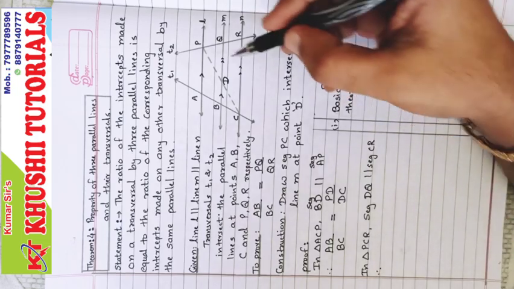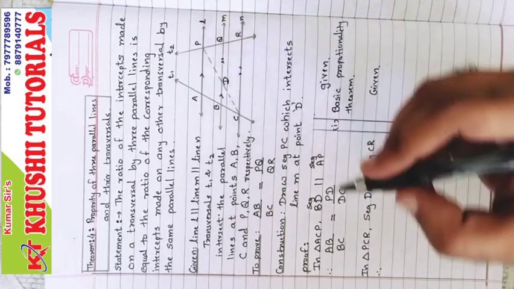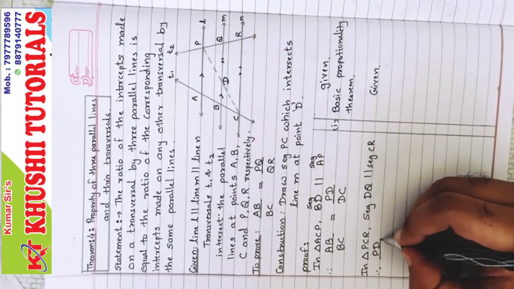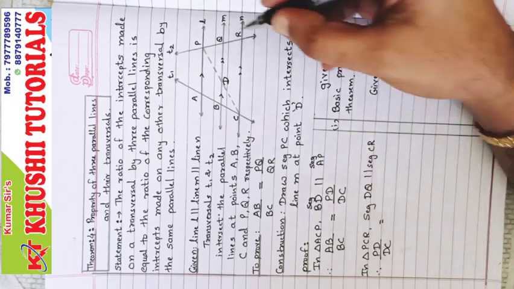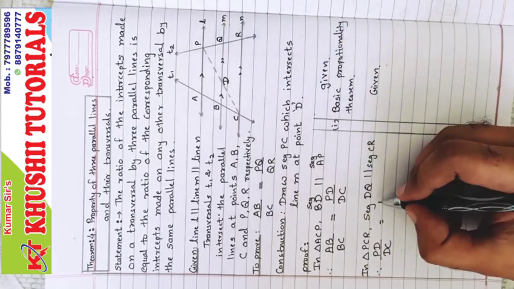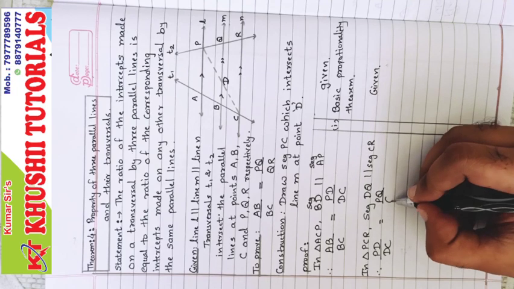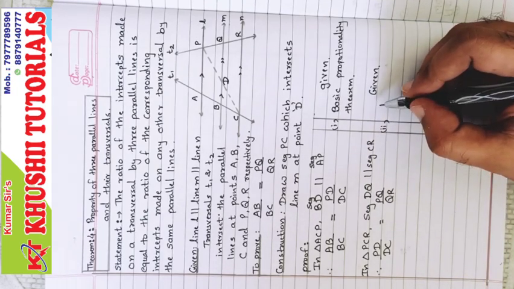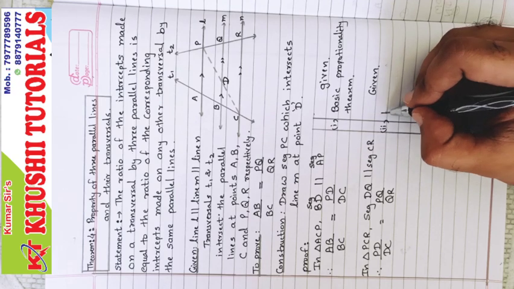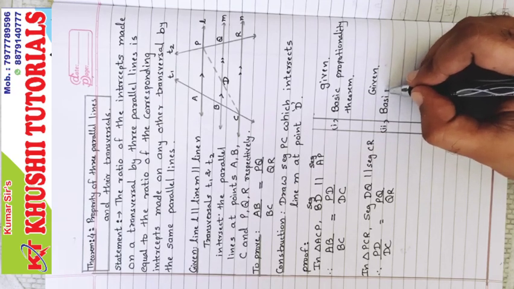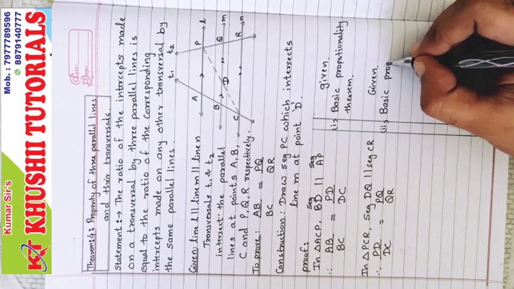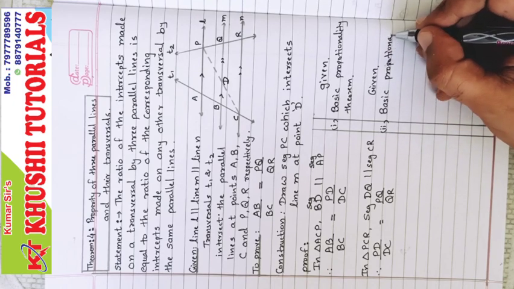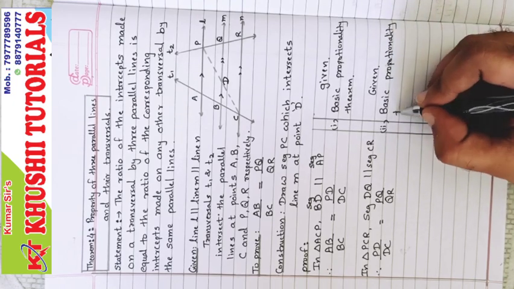Therefore, PD upon DC equal to PQ upon QR. Mark it 2. And what is the reason? Reason is basic proportionality theorem.